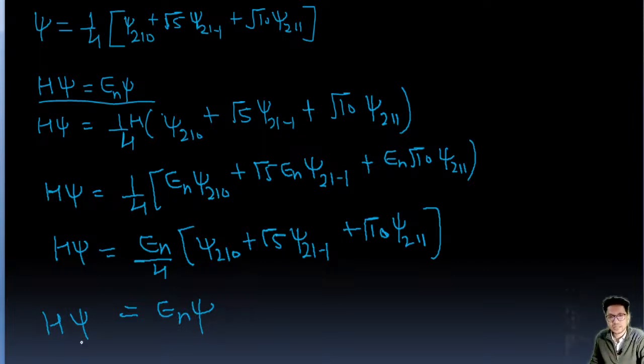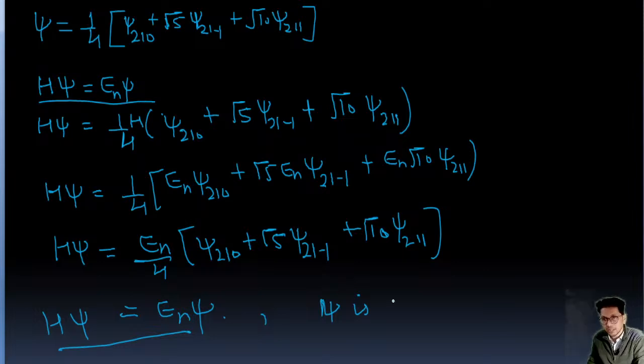So H psi equal to E psi means psi is an eigenfunction of H. Okay, now we'll check for L square.